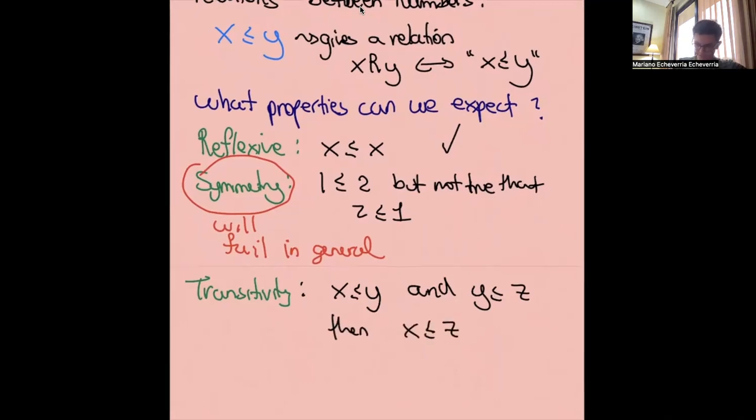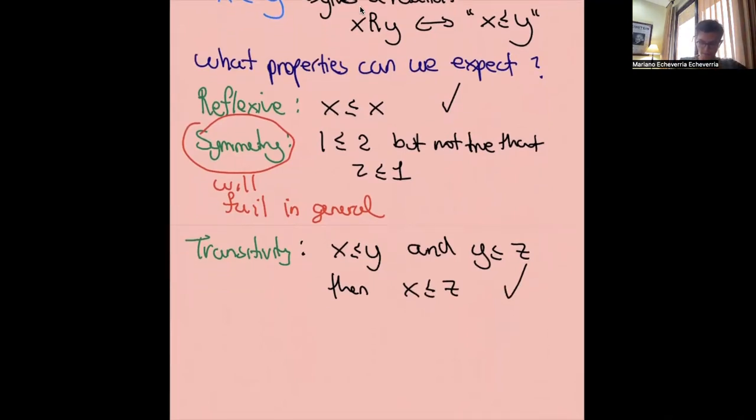So transitivity should also be fine. If we compare this with an equivalence relation, reflexive is still true, symmetry is no longer true, transitivity is true, so two of the three. So this differs from an equivalence relation because we no longer have symmetry.